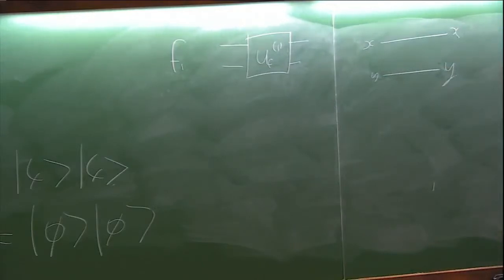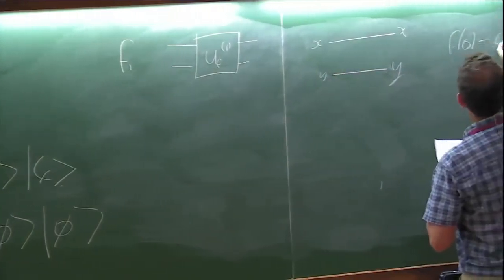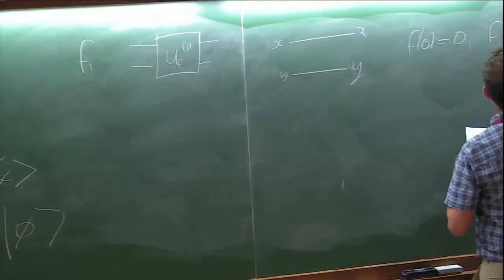Now, if the function is always 0, no matter what, this is F1, y doesn't flip. In no case does x flip, so nothing happens. So this is our circuit, F1. Remember, that corresponds to f of 0 equals 0 and f of 1 equals 0.